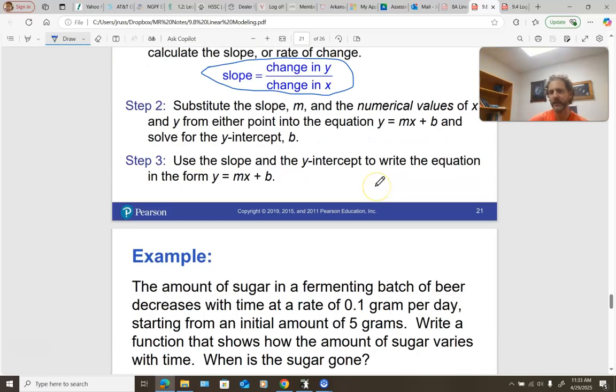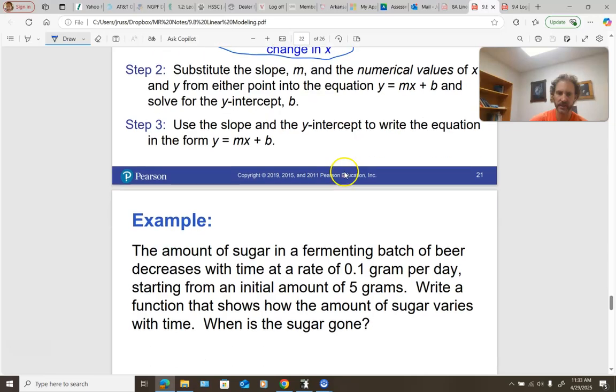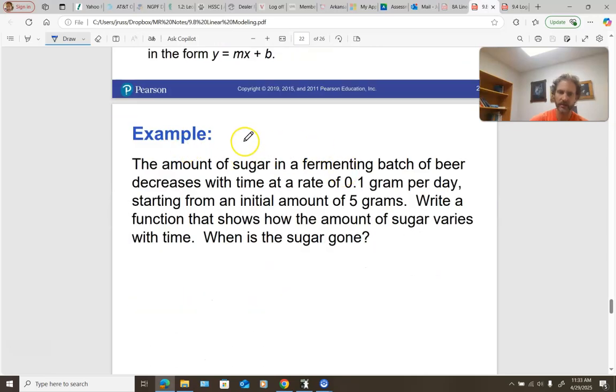Well, we're actually not even going to have to do that because this example gives us the rate of change. Okay. All right, so all of you culinary students in my class should hopefully appreciate this, because I know in the culinary they do some fermentation, okay, alcoholic fermentation.